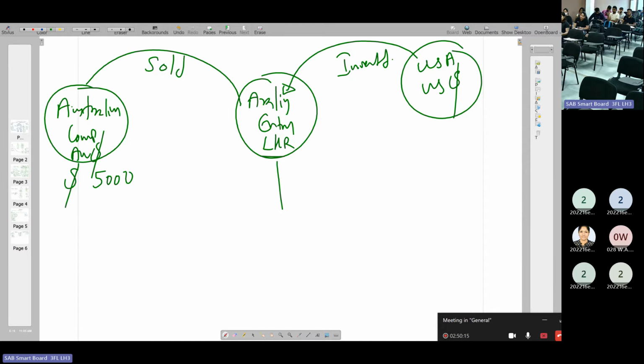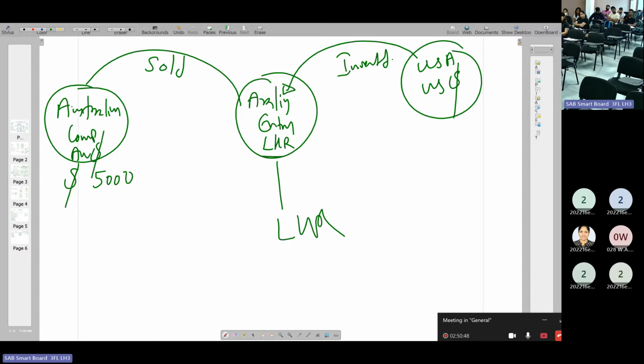In this case, the functional currency is LKR, since salaries are paid in LKR. But the American investor can say, I need to see your financial statements in US dollars. That currency is the presentation currency. If we are producing financial statements in another currency, that's a presentation currency.